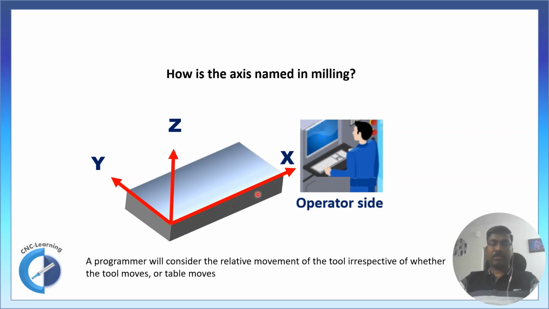Now the movements, always the programmer has to consider the relative movement. He need not worry about the actual movement happening on the machine, whether it is a slide or the milling spindle. He should always look at the relative movement in Cartesian coordinate system.